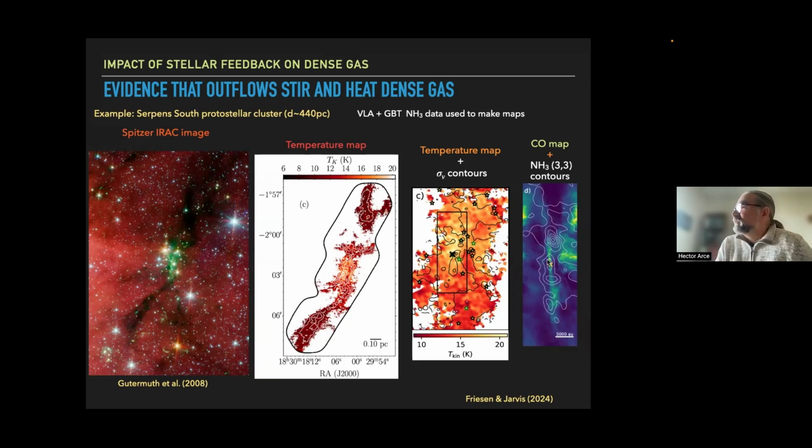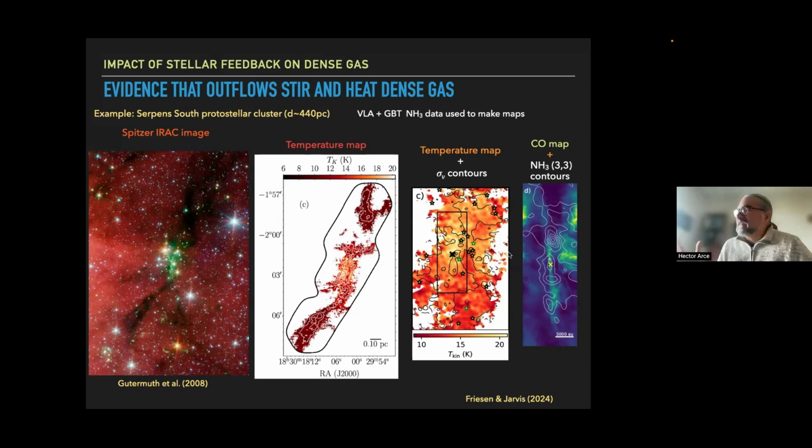And not only do you see an increase in temperature and velocity dispersion of the gas in this region, but we actually detect, well, they detect, I didn't do that, they detect ammonia 3,3 emission, which typically comes with very hot gas. The upper level of this transition is quite high, so you need high temperatures, in the hundreds of Kelvin, to excite it.